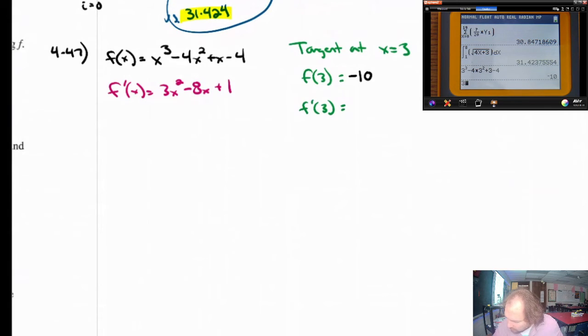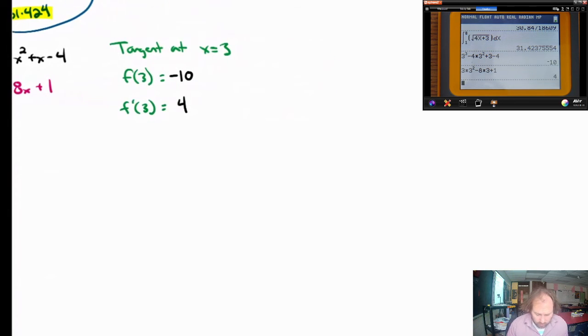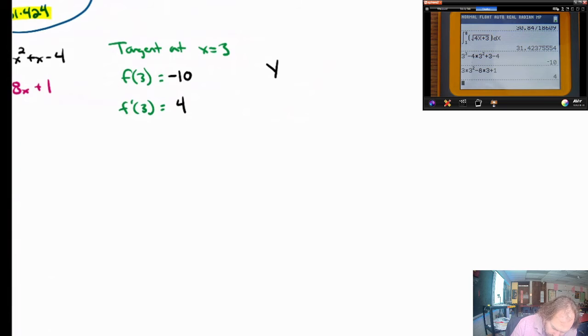And f prime of 3, 3 times 3 squared minus 8 times 3 plus 1 gives us 4. So what's going to happen is we're going to do y minus f of 3 equals the slope, which is the f prime of 3, 4, times x minus 3, and that would be the equation.